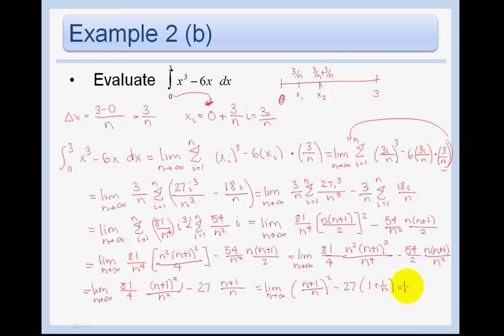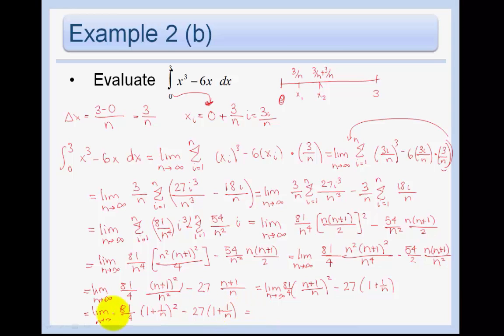And so, oh boy, what happened to my 81 over 4? There it is. Just going to rewrite on the next line. And so here I have a 1 plus 1 over n squared minus 27, 1 plus 1 over n.